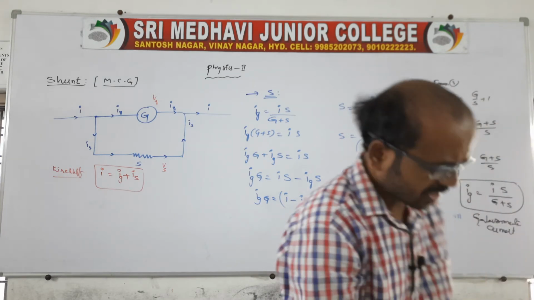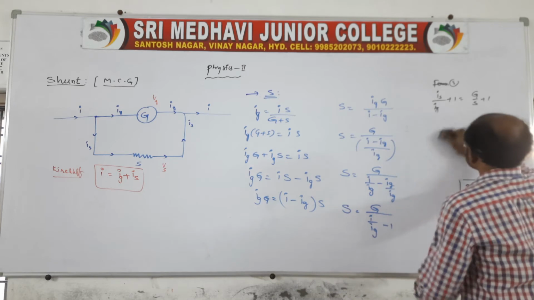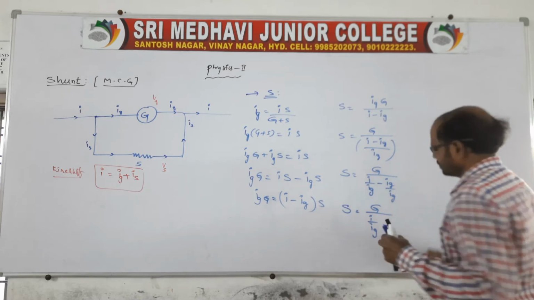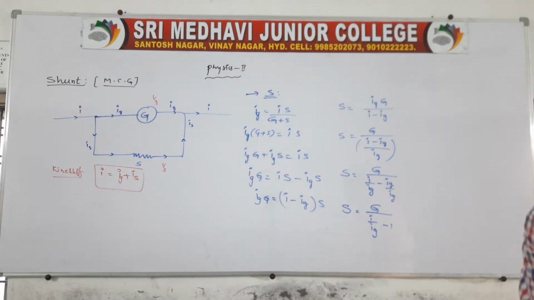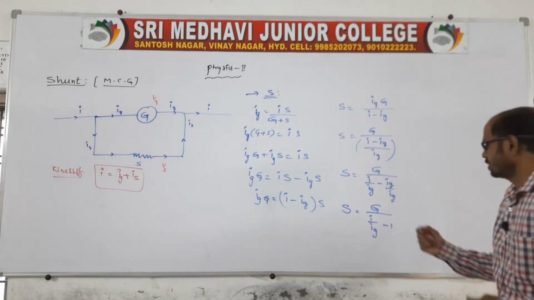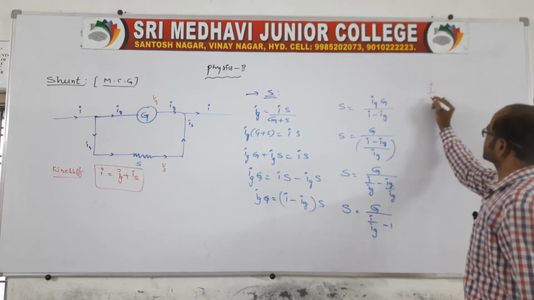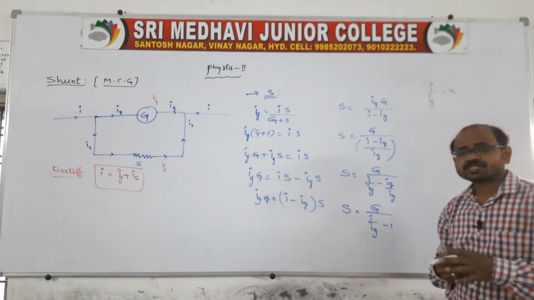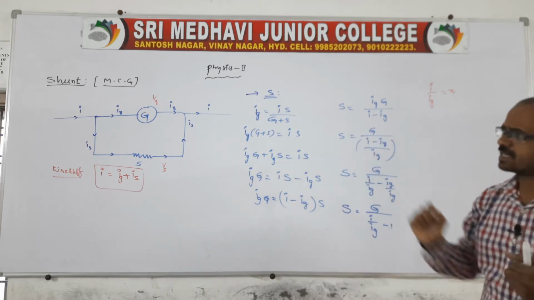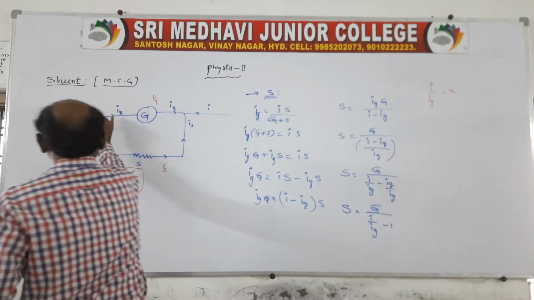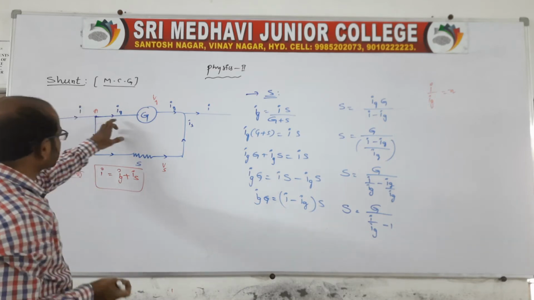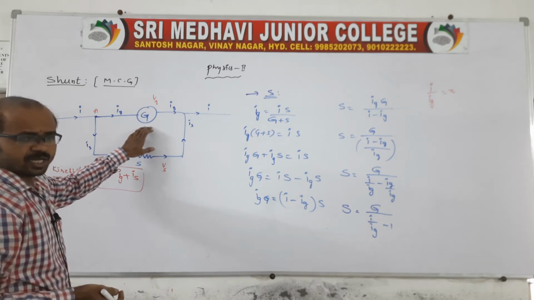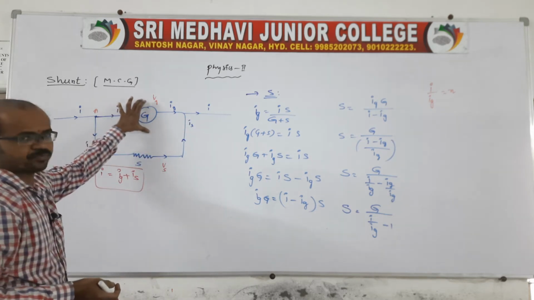In this shunt resistance we can also write it like this. Look here: I by Ig is nothing but N, the fraction of current.